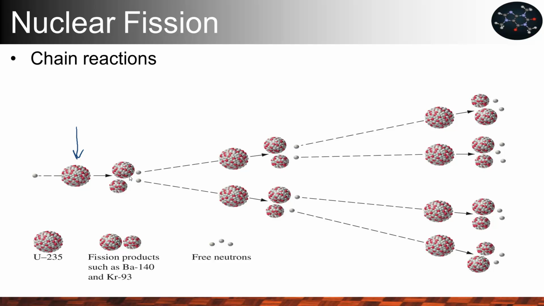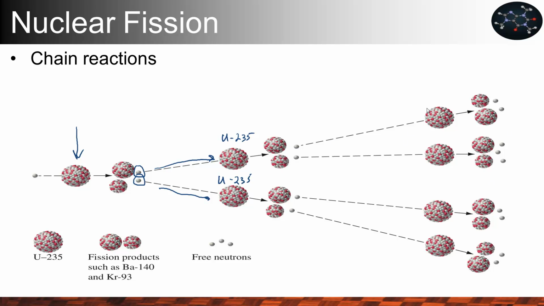When it does that, we actually end up with some free neutrons that are ejected as well. So not only are we adding a neutron, but now we're getting neutrons out of that reaction. Well, if those neutrons then go and strike additional uranium-235s, this reaction can happen again, and again, and again.